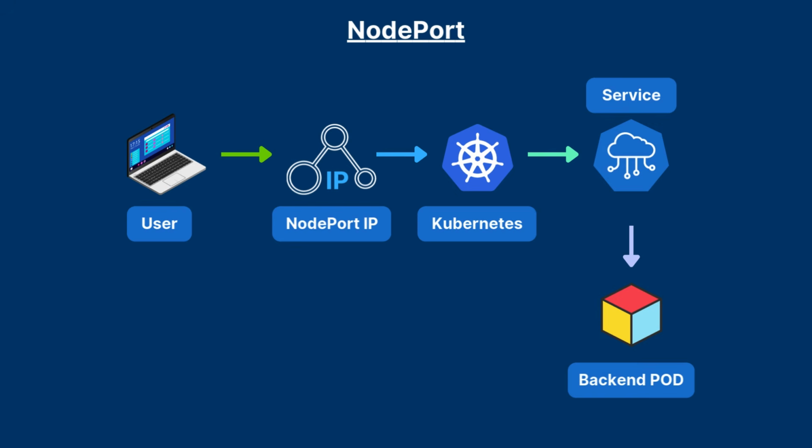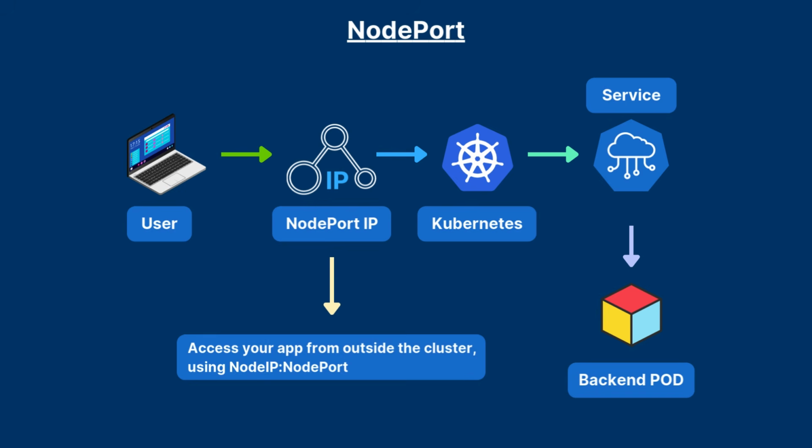So now, instead of being cluster internal only, your application is reachable from outside, though it's still not the production grade external access. Think of NodePort as accessing your application from outside the cluster using node IP colon NodePort.